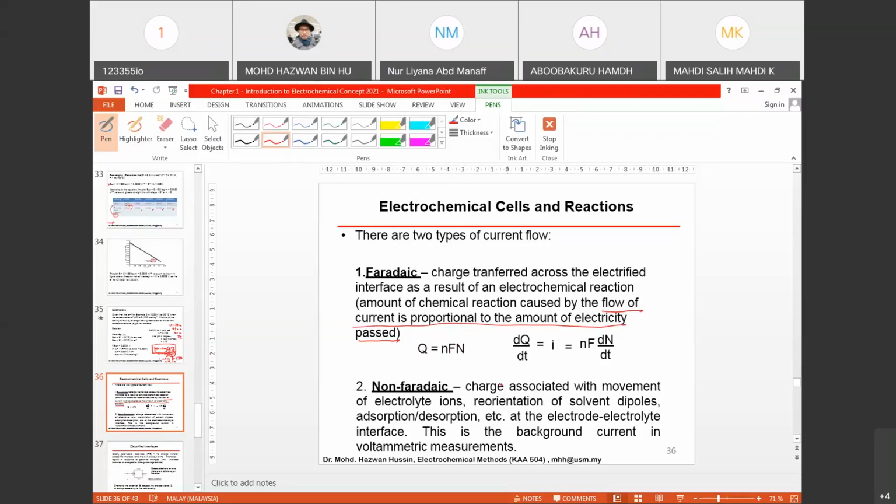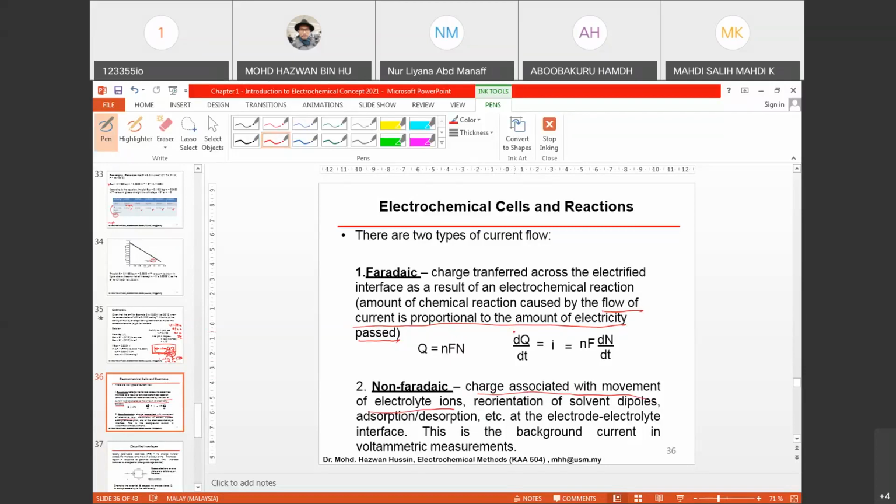And for non-Faraday, the charge is associated with the movement of electrolyte ions. So in this case the electrochemical process is a result of the movement and orientation of ions. This is because if you have solvent dipoles, you have a positive and negative dipole, which at the same time will create a net charge movement.